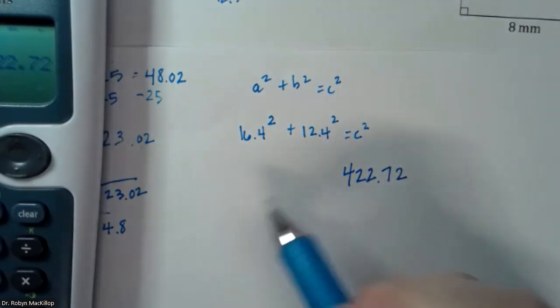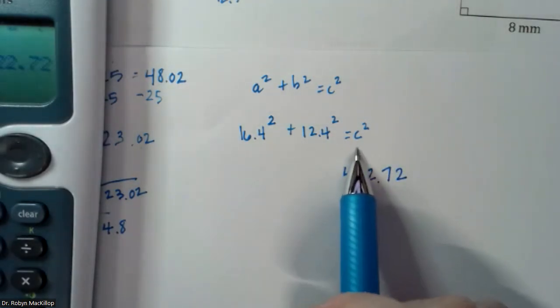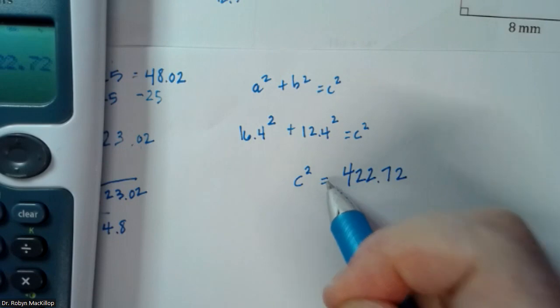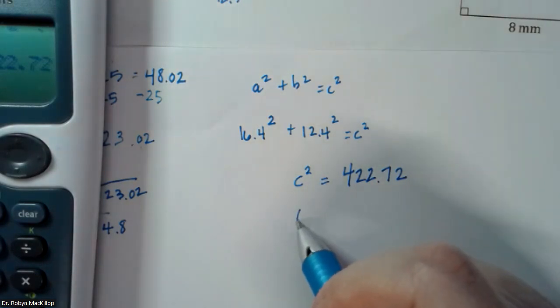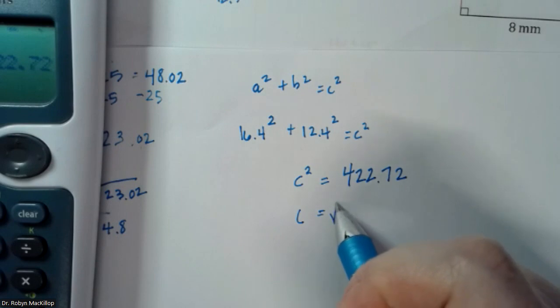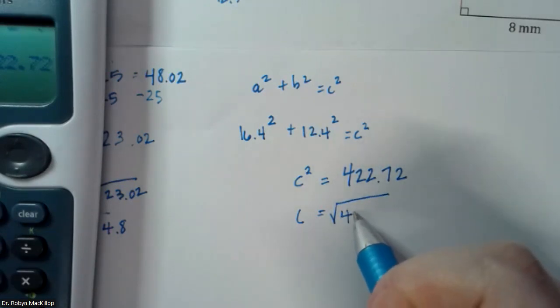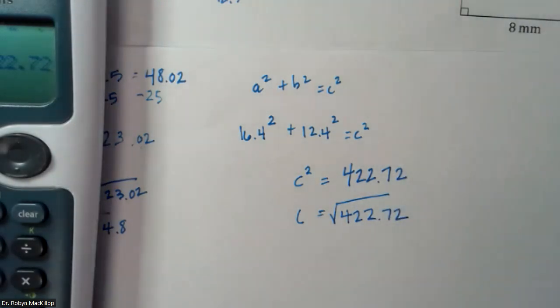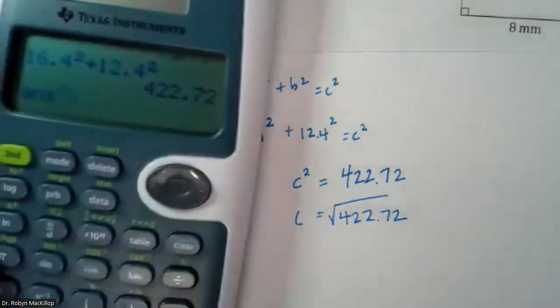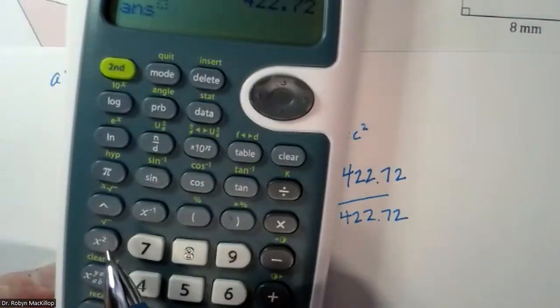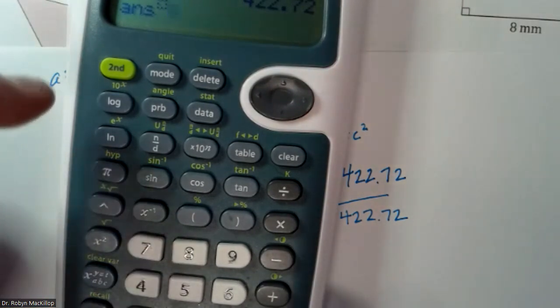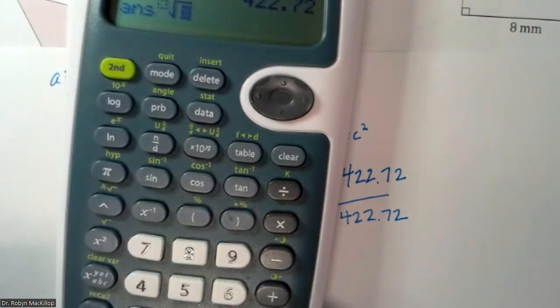Perfect. So we are now done with these two. We just need to get this one cleaned up because right now it's still C squared and we need C, which is the square root of 422.72. And this is super easy to find on your calculator. Again, this time your button is right above the x squared button. You've got that little green square root button.